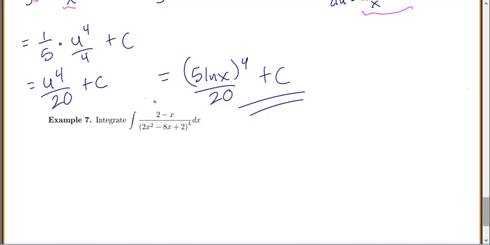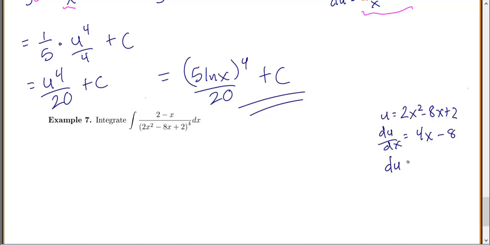So let's integrate (2 minus x) over (2x squared minus 8x plus 2) to the power of 4. Notice here, my bottom parentheses to the power 4 look like the more complicated thing. And so I would say that u is probably this 2x squared minus 8x plus 2. And the derivative of that with respect to x would be 4x minus 8.